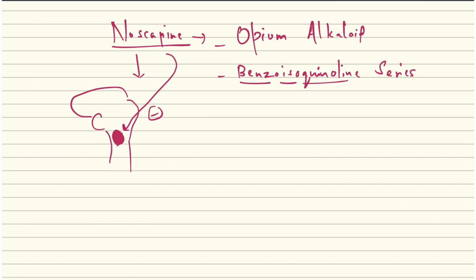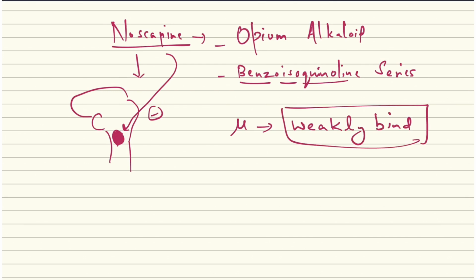As we know, most of the opioid antitussives have strong affinity with the mu receptors, but noscapine has very weak affinity for these mu receptors, which are present in the brain. Most opioids reduce pain because of strong affinity with the mu receptors.